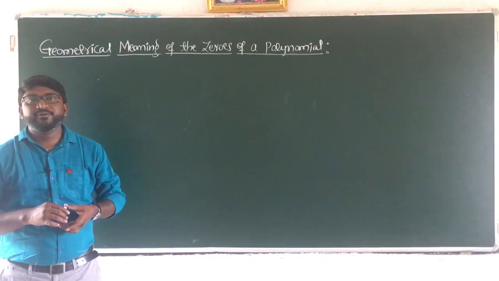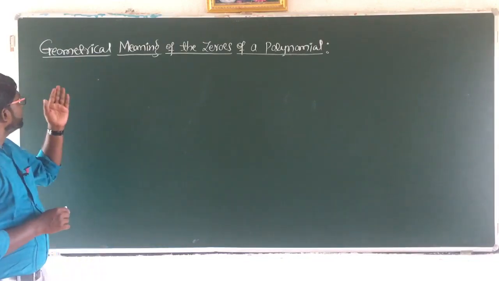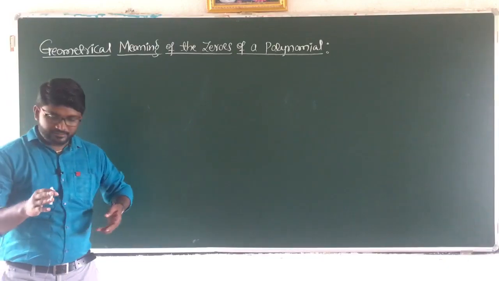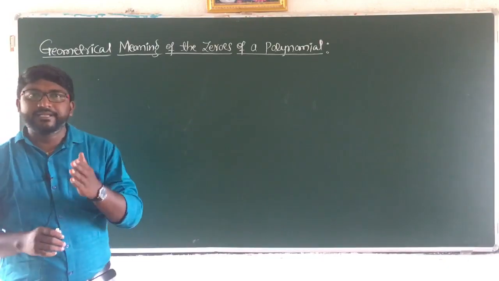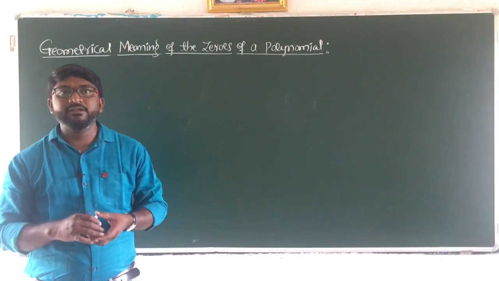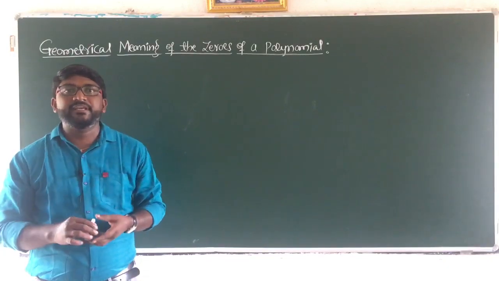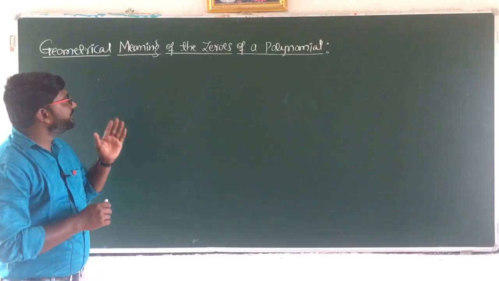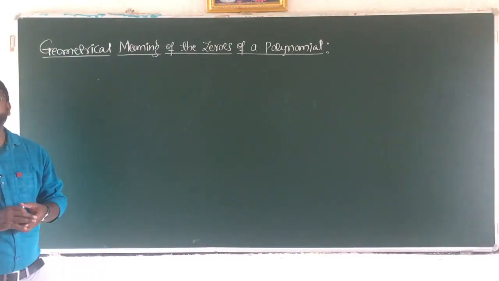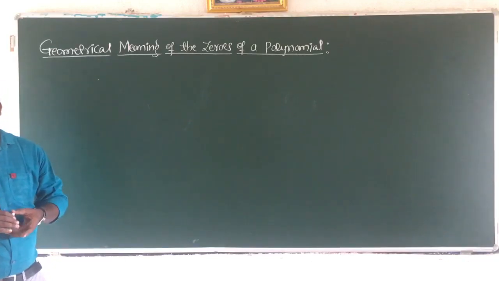Well, now we are going to discuss the geometrical meaning of the zeros of a polynomial. Here we are going to discuss the graphical representation of a linear polynomial and quadratic polynomial and the geometrical meaning of their zeros. I will be doing the graphical representation of a linear polynomial; you will have to go for quadratic polynomial.